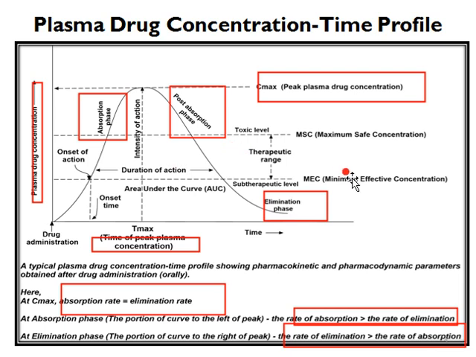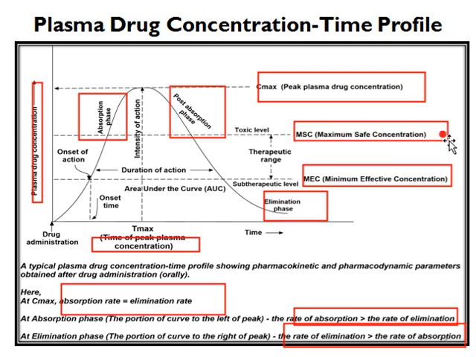The plasma drug concentration which is achieved is defined by two important concentrations. The first one is the minimum effective concentration, and the second one is the maximum safe concentration.